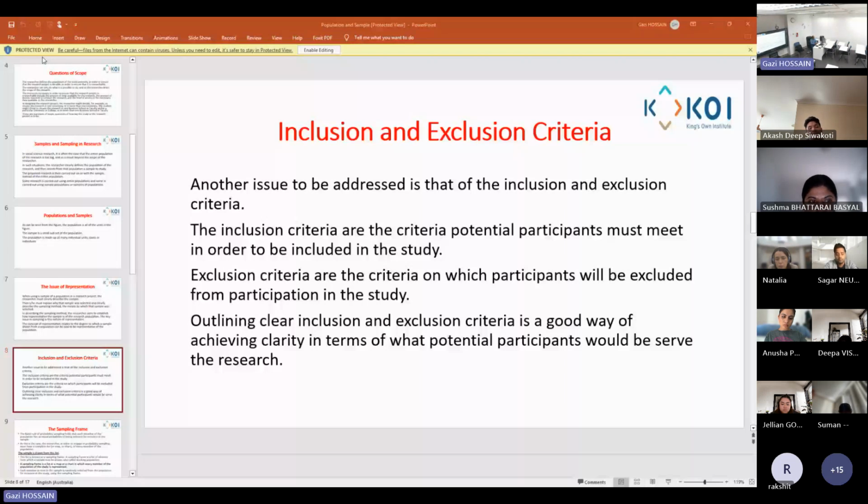Okay. Sampling frame. Did we discuss this previously? Probability sampling, simple random sampling, systematic sampling, stratified sampling. Did we discuss that one? Can you remember? No? Okay.